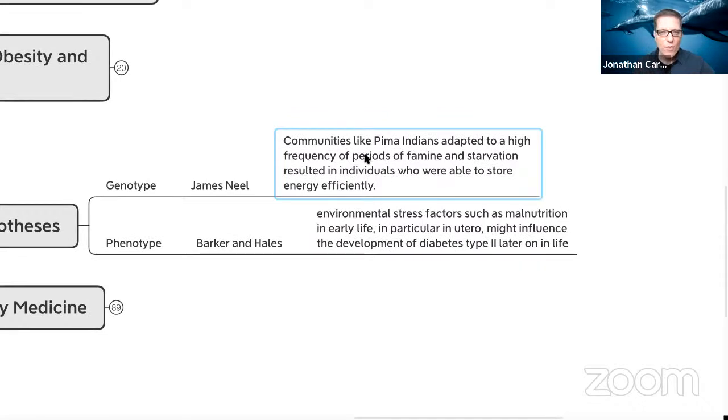If you were to ask most doctors, they tend to believe that this is the case, because obviously there are communities like the Pima Indians, the Australian Aborigines, and the populations in the South Pacific that evolved, or I shouldn't use the word evolved necessarily, but basically culturally and developmentally, were in areas where there were periods of famine and starvation, or were living lives that selected for people who were more energy efficient in terms of storing energy.